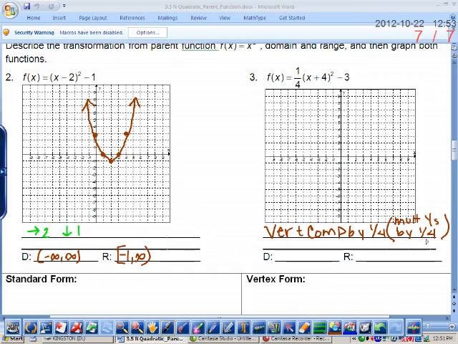Okay, what's the next transformation? Left 4. And then down 3. All right, so I have my point 0, 0. A vertical compression, does that change the point? Nope. So then I go left 4, down 3. All right, what about the point 1, 1? What does that y value change to? 1/4, left 4, down 3.